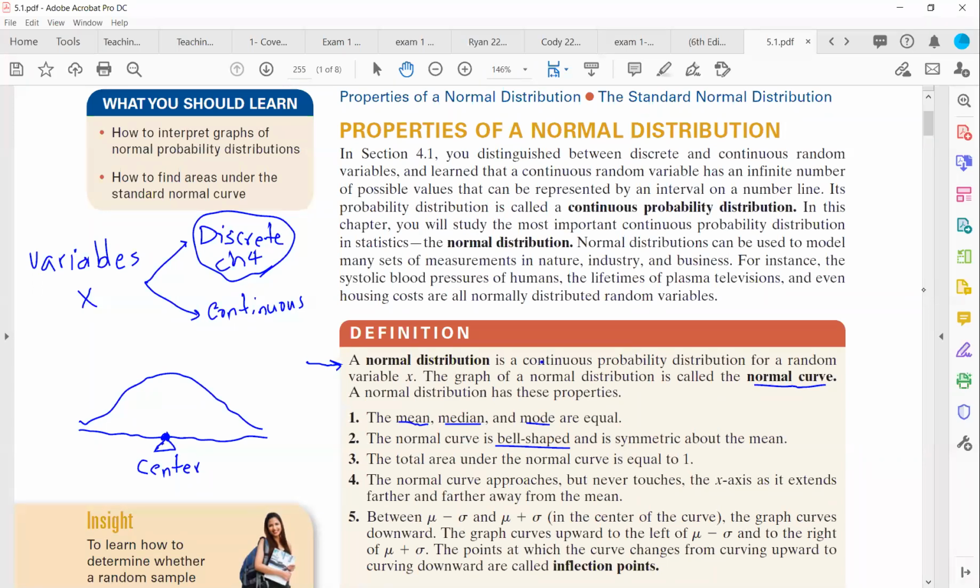What is important? The important part is the total area under the normal curve is always 1. Where is that area? The area is below the curve. This area is equal to 1.